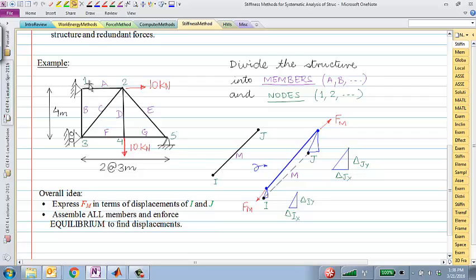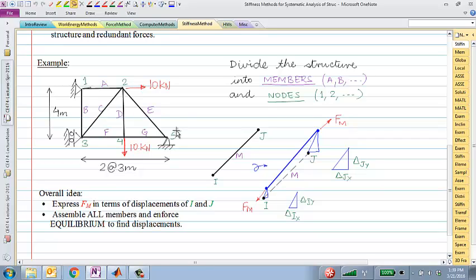If we want to solve it with the displacement method, we are going to again divide it up into its members and nodes, something you're familiar with. There are 7 members in this truss, up to G. All these members I've denoted with these alphabets, and there are 5 nodes in this truss. So 7 members, 5 nodes, and I've connected them. There are support conditions, which make it indeterminate. But as I said, determinate or indeterminate, it does not matter for the stiffness method.